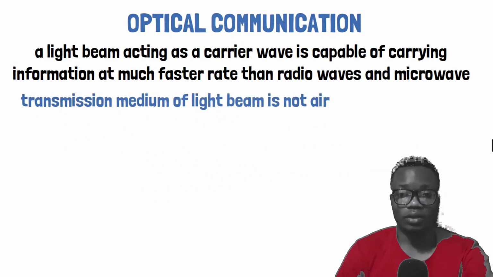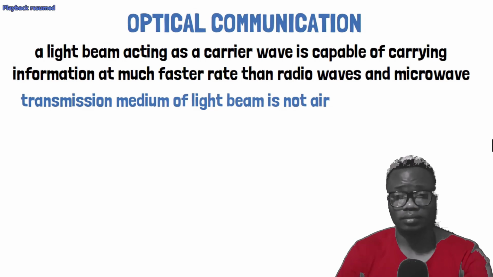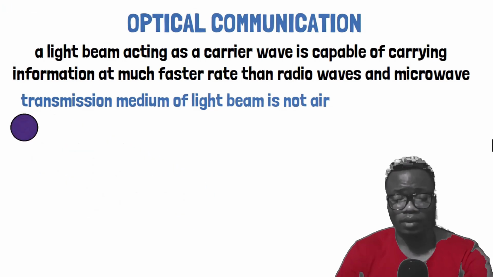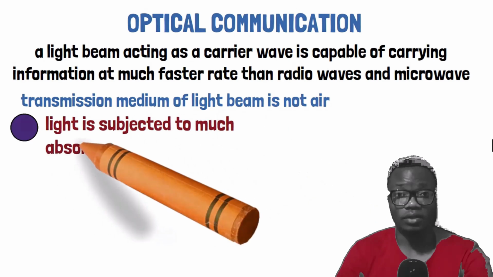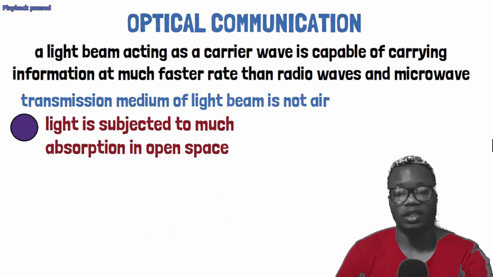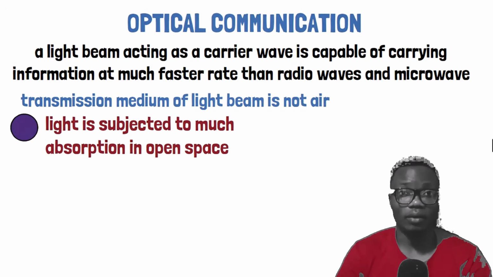The transmission medium of optical communication is not air. Why not air? It's because if the light beam were transferred through air, it could be absorbed, because in air or in free space there are a lot of opportunities for absorption of a light wave.